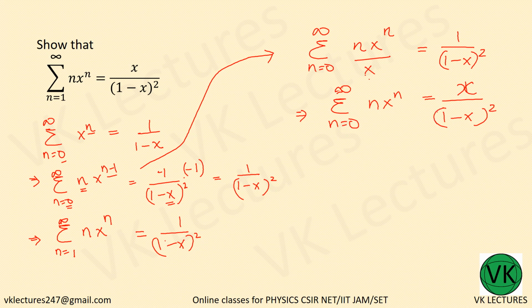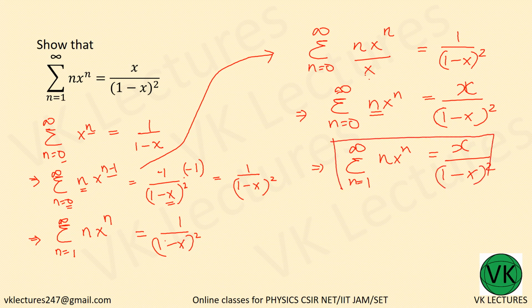Since we cannot have n equal to 1 starting, we will write it as a sum over n equal to 1. If you put n equal to 0, it will become 0, so it doesn't make any sense. So instead of 0 you will put n equal to 1, the sum of n x to the power n is equal to x divided by (1 minus x) whole square. So this is the answer.